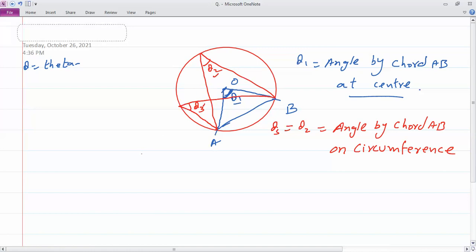Okay. So the first rule, rule number 1 that we say.